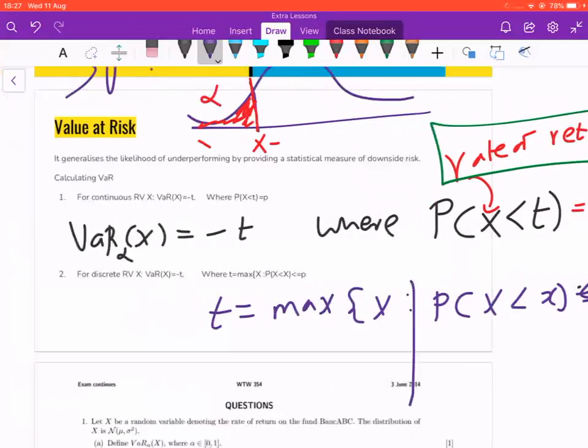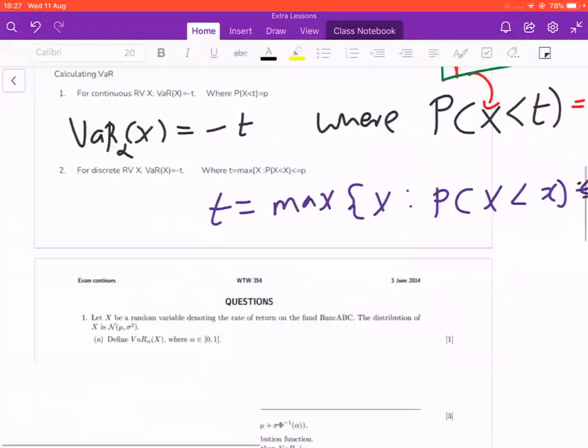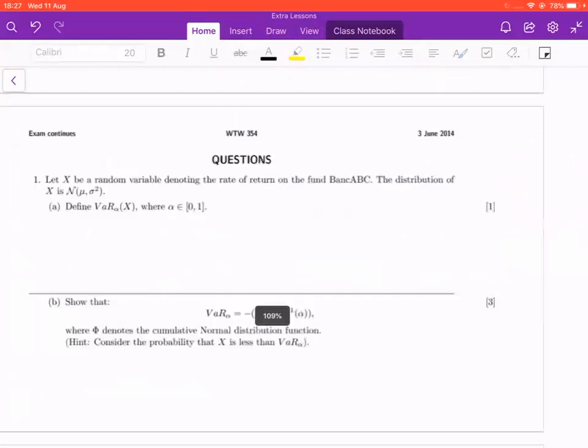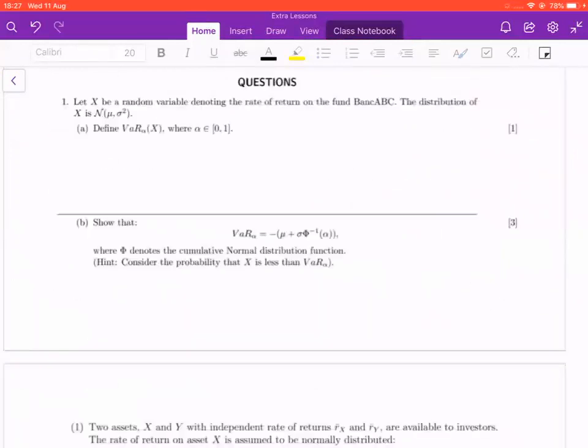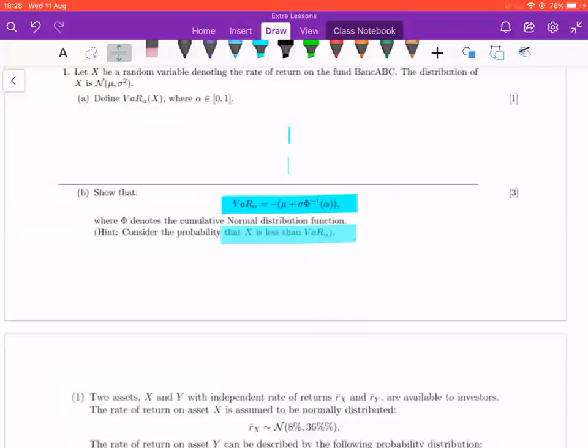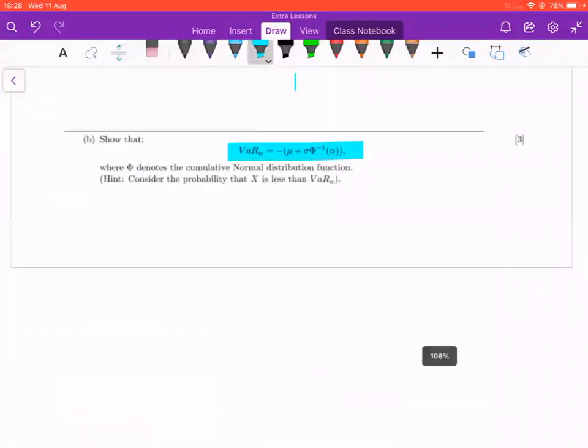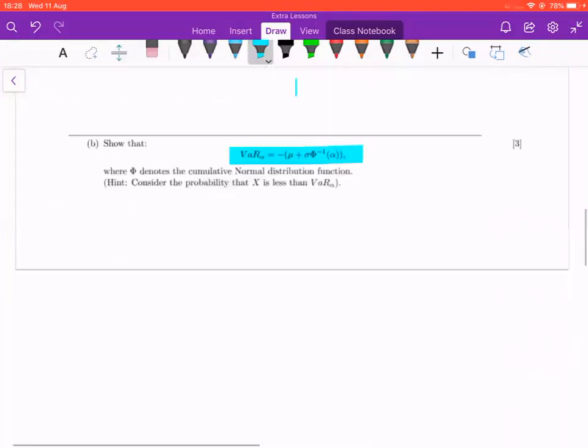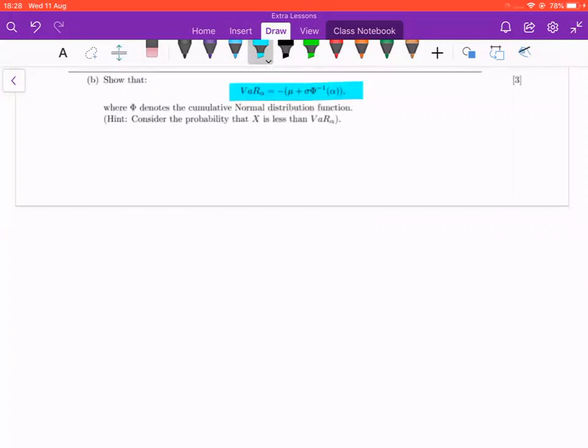One of the most classic questions they like to ask in the exam is this one over here: show that VaR can be written in this form. I apologize to those people with whom we have done this together, but I am going to repeat it again.